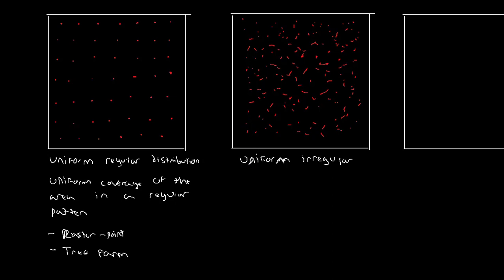Again, you get that uniform coverage of the area, but in an irregular pattern. We're still covering the whole area in points, but they're not evenly spaced like they were in uniform regular. A good example of this would actually be a forest.